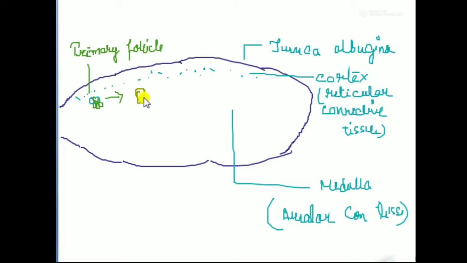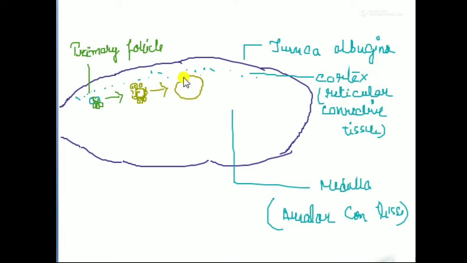It looks like this. Now the growing cell is surrounded by a huge mass, and then the stage comes where the Graafian follicle will form.